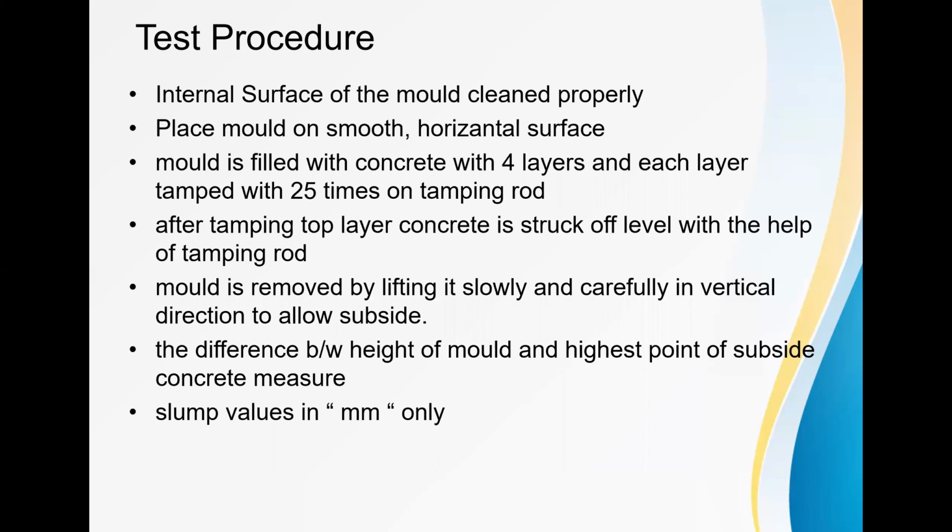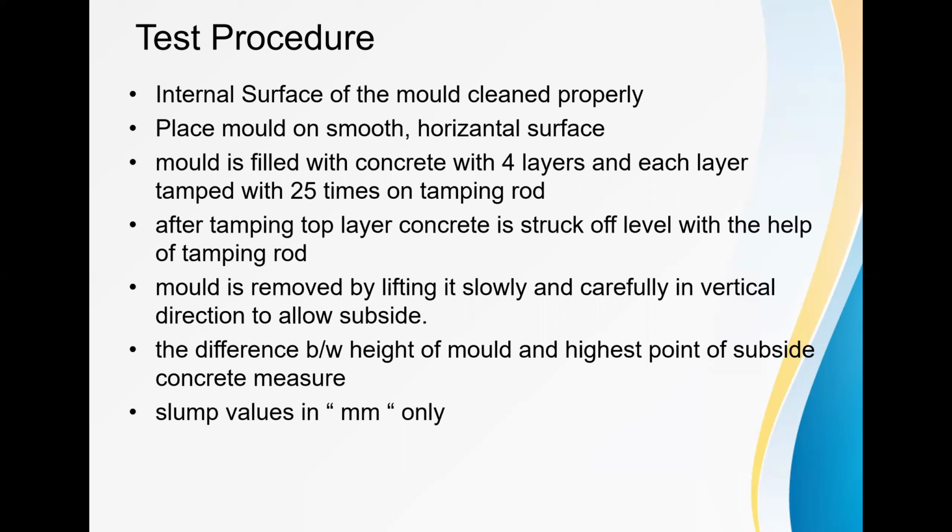The test procedure is as follows. First, the internal surface of the conical mold is to be cleaned thoroughly. Once cleaned, place the mold on a smooth, horizontal, leveled surface. Then the mold is filled with the mixed concrete in 4 layers, and each layer is tamped 25 times with the tamping rod.